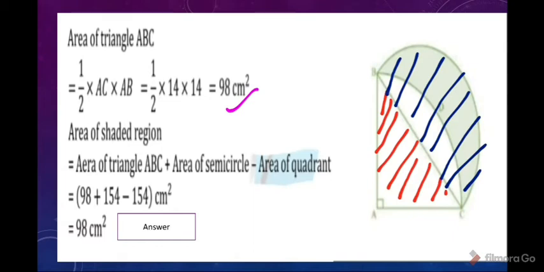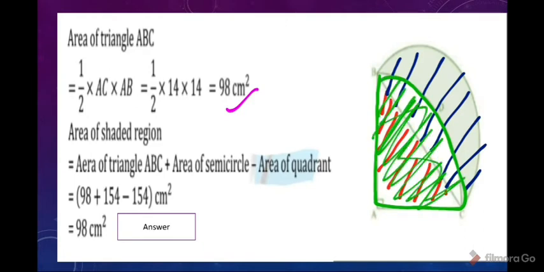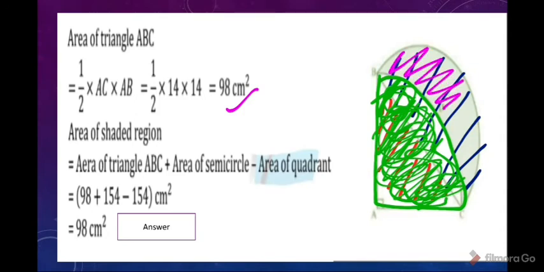Now you will subtract the area of this minor sector from here. You will subtract the green portion from the area of the figure. Okay, when you are subtracting the green portion from the figure, you will get the area of the remaining part, that is this one, required shaded region.